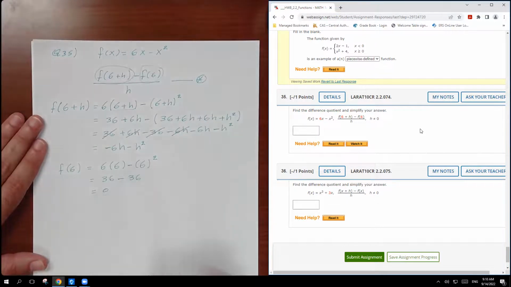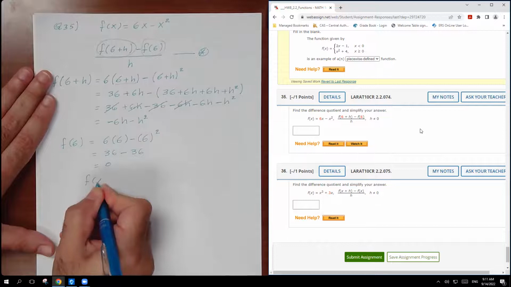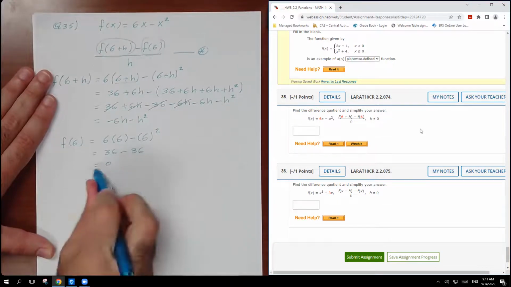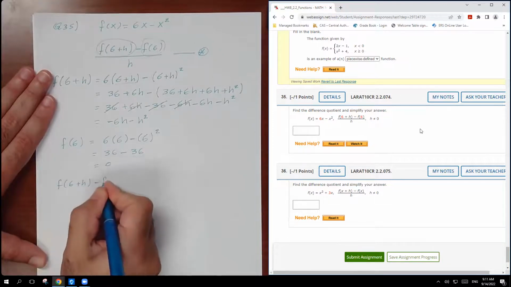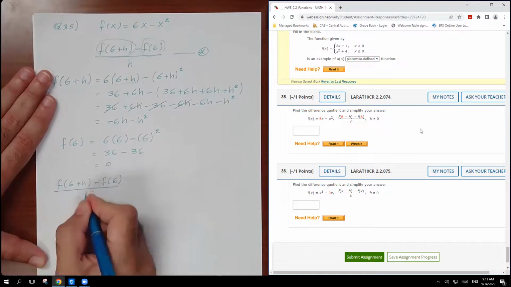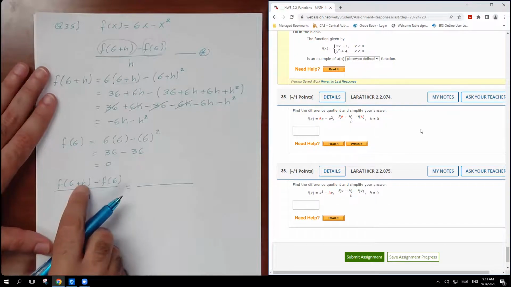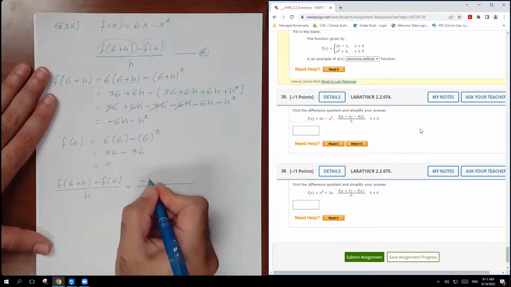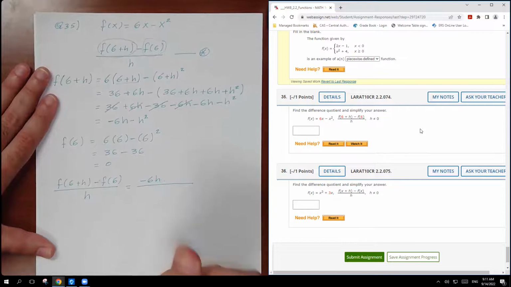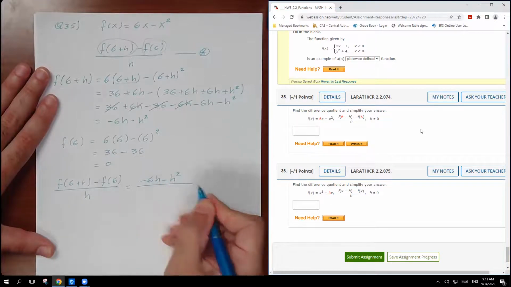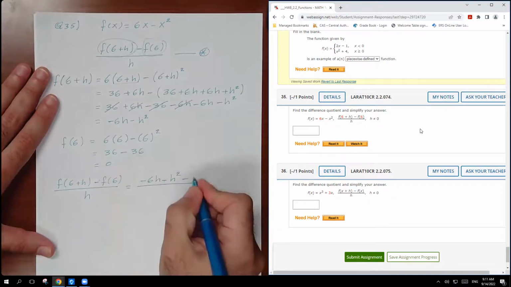I'm going to say f of 6 plus h minus f of 6 over h is going to be equal to f of 6 plus h, which is this part, negative 6h minus h squared, minus f of 6, which is 0, over h.